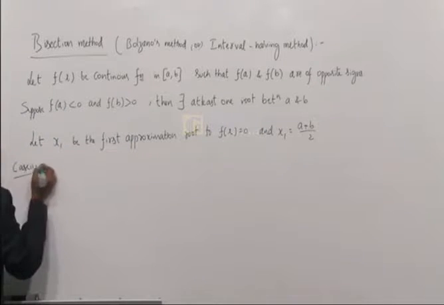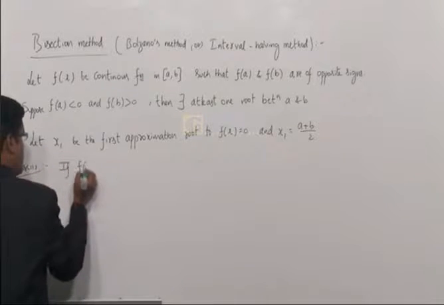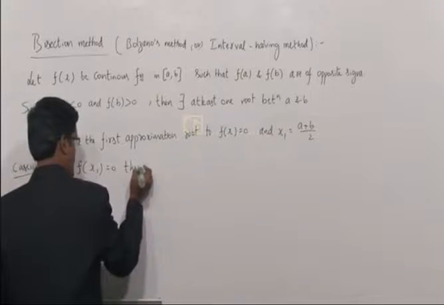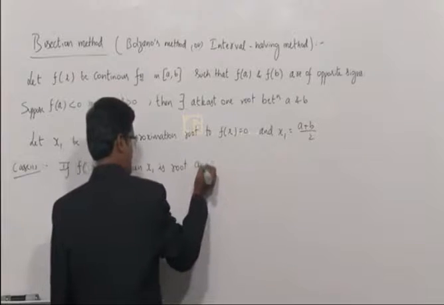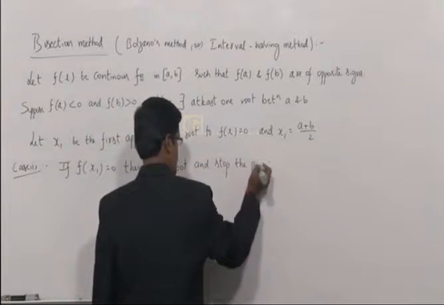Case 1. If f(x1) is equal to 0, then x1 is the root and stop the process.